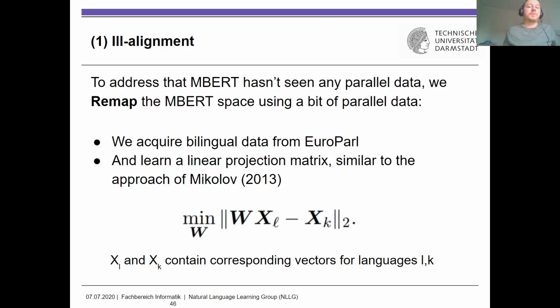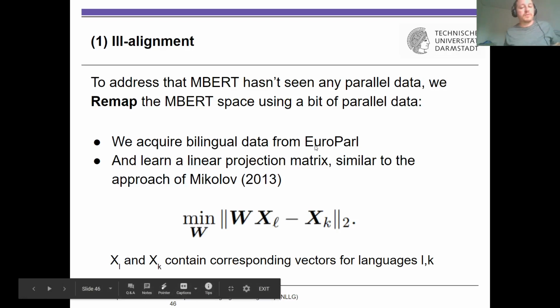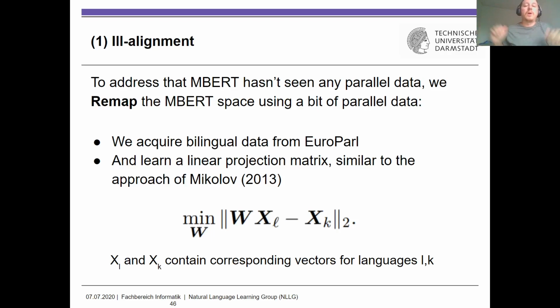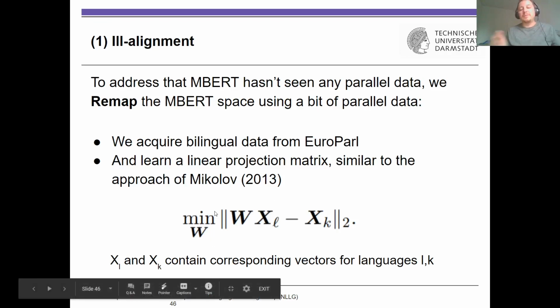So let's remap multilingual BERT. How do we do that? We take a little bit of parallel data from Europarl, for example. That's the proceedings of the European Parliament translated in all of the European languages, and there we can easily get parallel data. And then we learn a linear projection matrix similar to the approach of Mikolov. Basically, we want to remap our English space into a German space by learning this projection matrix W, and we minimize over all possible projection matrices, and then we get a remapping, right?